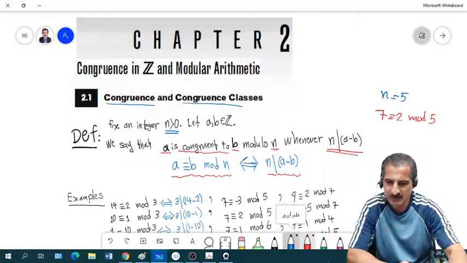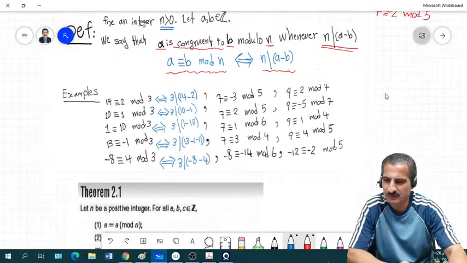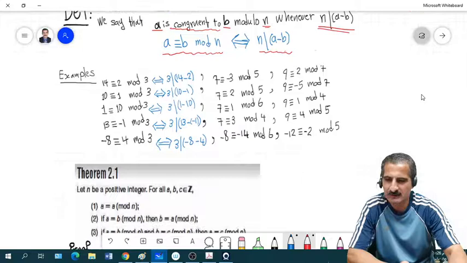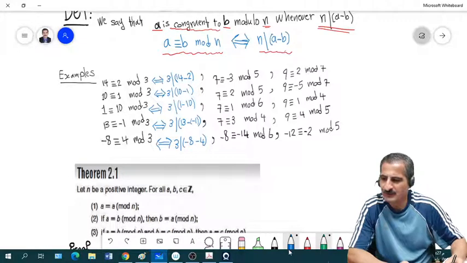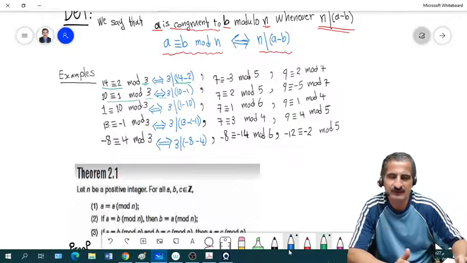Actually, I have here more examples that are ready. Let's look at them a little quick. So 14 is equivalent to 2 modulo 3. That's because 3 divides 14 minus 2. 10 is equivalent to 1 modulo 3 because 3 divides 9, and so on. 13 is equivalent to negative 1 modulo 3.